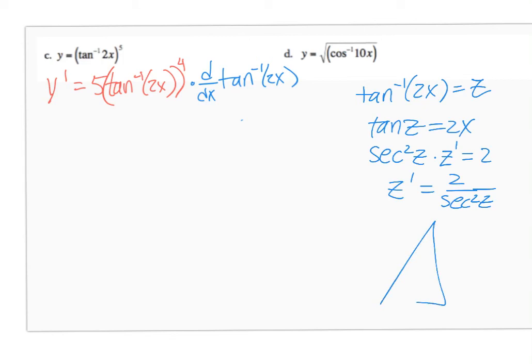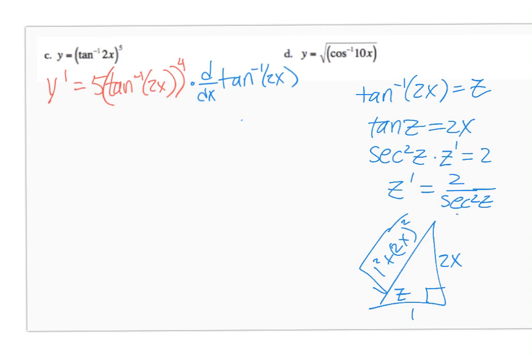All right, triangle up. We've got angle z, 2x over 1 for opposite over adjacent. And that means that my hypotenuse is going to be the square root of 1 squared plus 2x in parentheses squared.